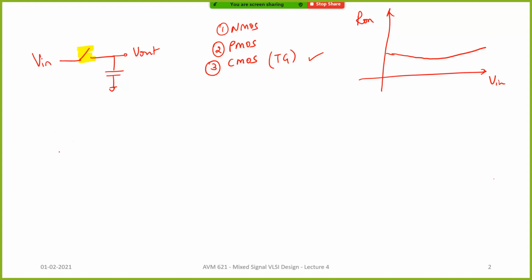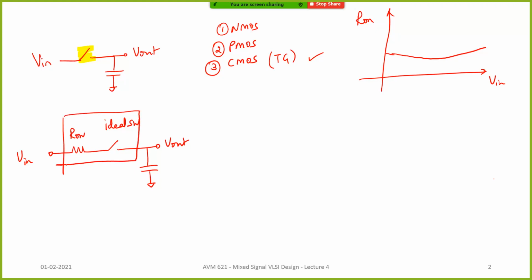Now this switch, as I mentioned in last class, can be denoted as something like this. Let's say this is V in, this is the on resistance of the switch, and this is the ideal switch. So the actual switch is modeled like this.